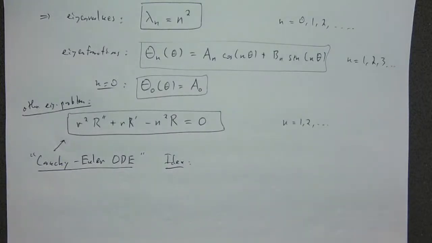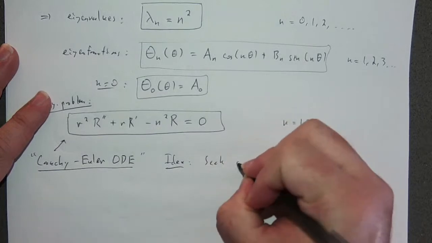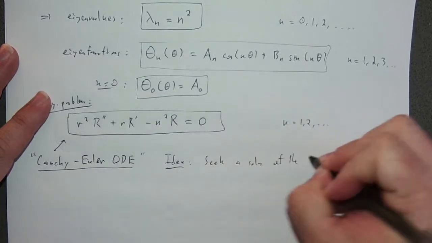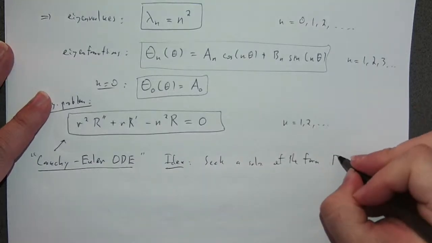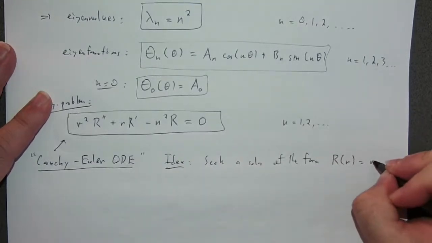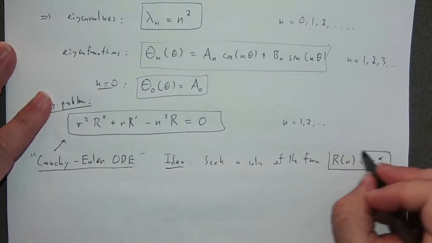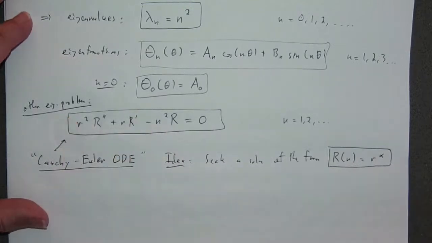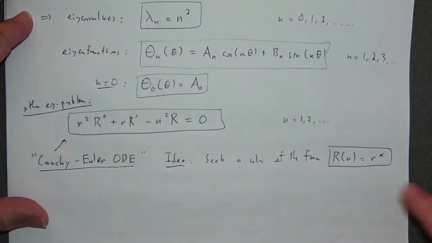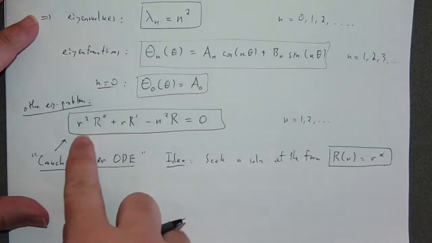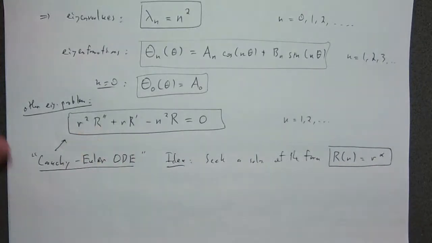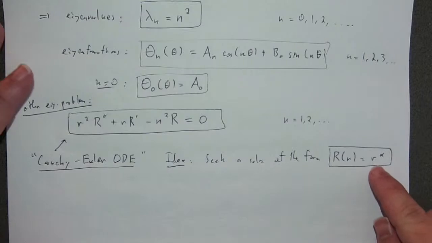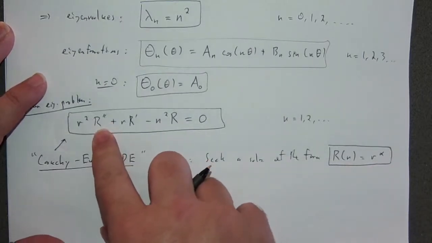You notice that you seek a solution of the form big R of r is r to the alpha for some exponent alpha. And when you do this, plugging this into the ODE and figuring out how you would need to choose alpha to make this all work out, let's see what I would do if I differentiate this thing twice here.